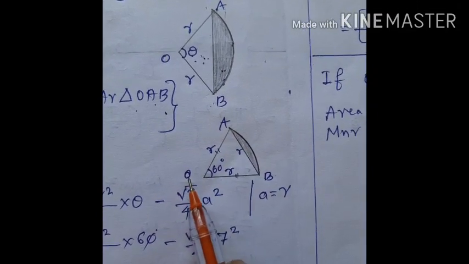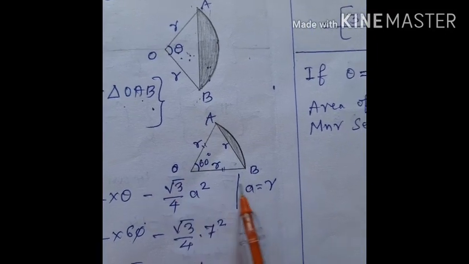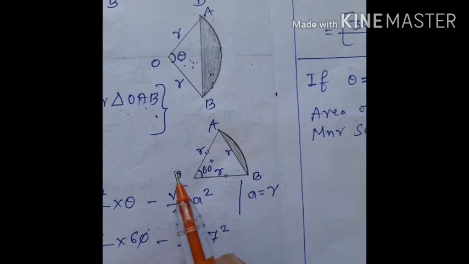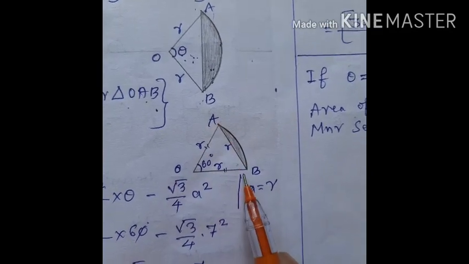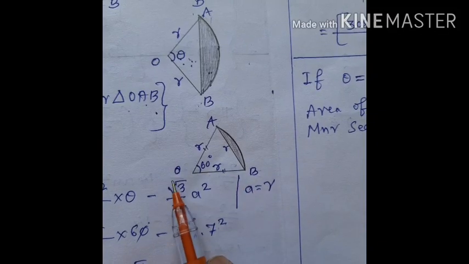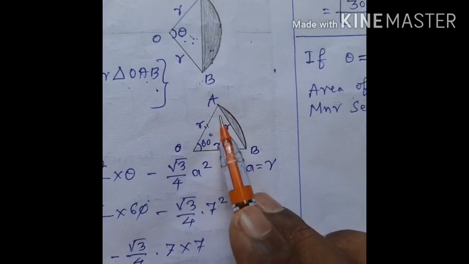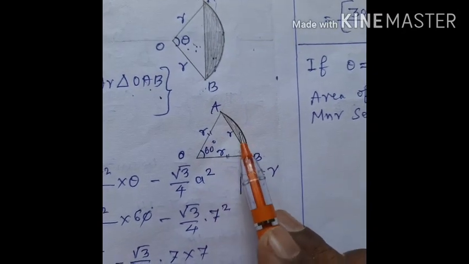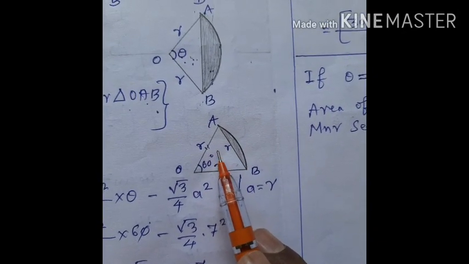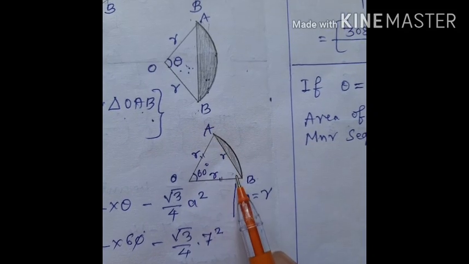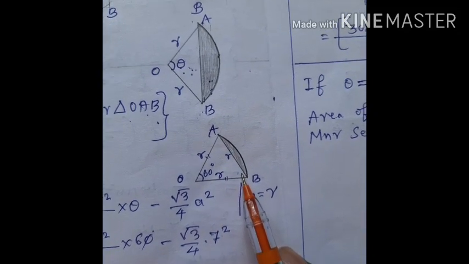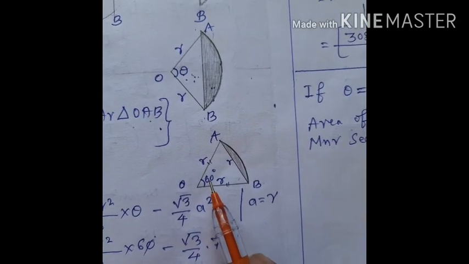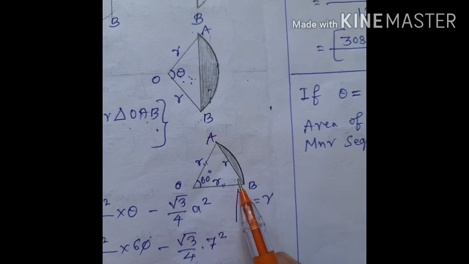See here, children, we know that OB is equal to OA. Therefore, the angle opposite to OA, if it is X, then the angle opposite to OB should also be X. If we add all these three angles, they should be 180 degree, and angle A and angle B should be equal to each other. Therefore, this angle and this angle should be equal.